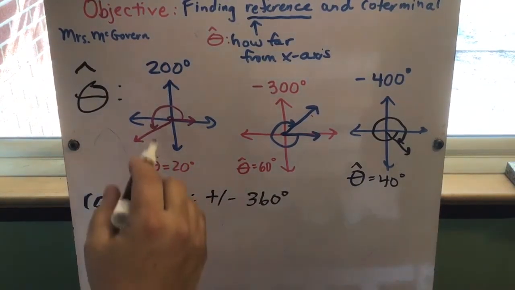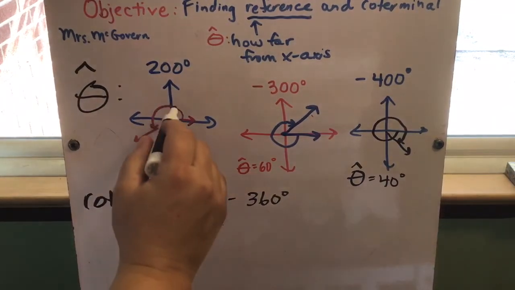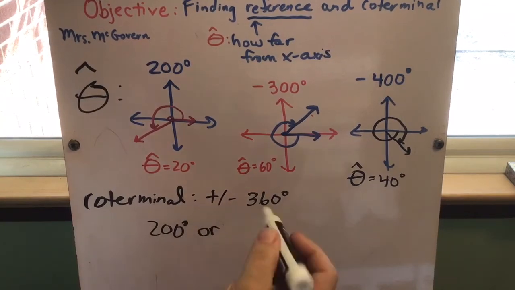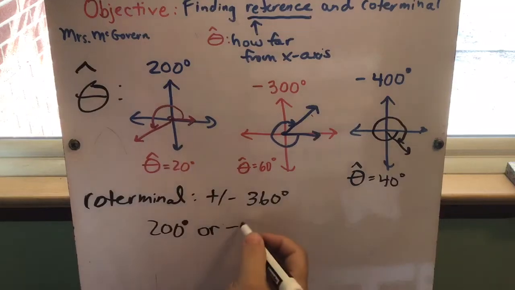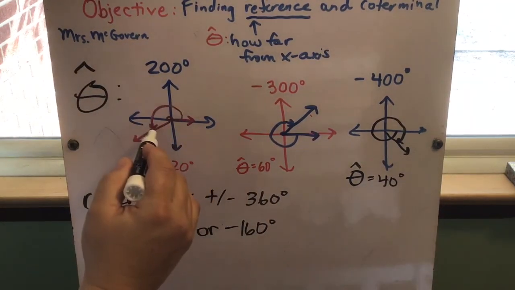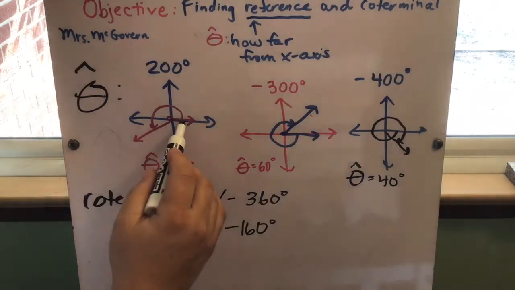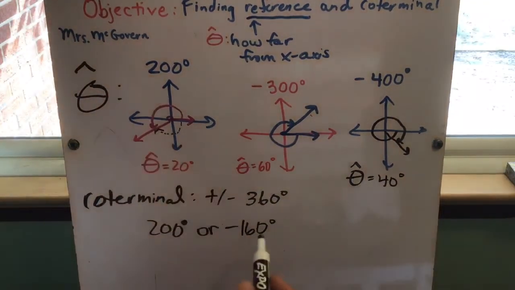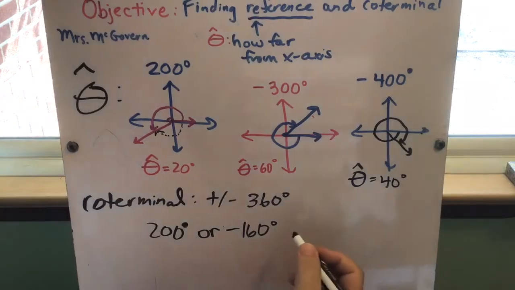So if I go back up to 200 degrees, if I wanted to take away 360 from 200, I believe I would have negative 160, right? So if you started at 200 and you were to go another way, you could see this is negative 160 degrees because together their absolute values add to 360.